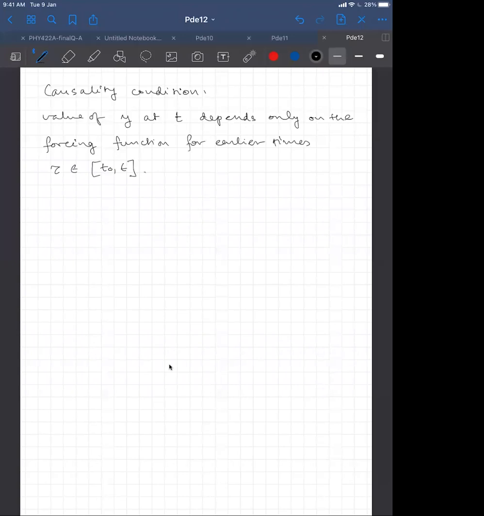So let's quickly look at an example. Let's look at d squared y by dt squared plus y equal to some f of t, with initial conditions y of 0 equal to y prime of 0 equal to 0.